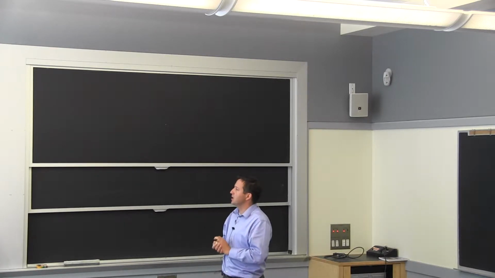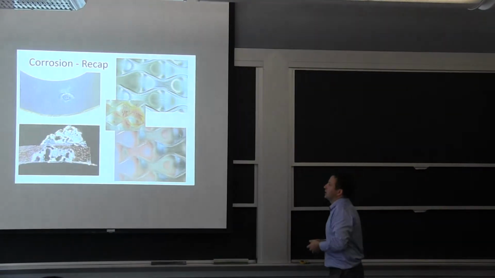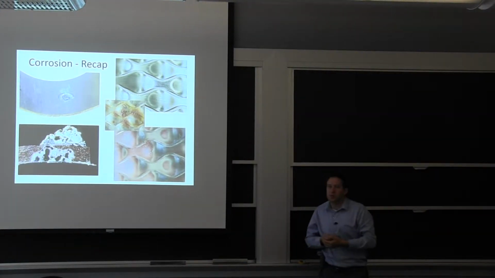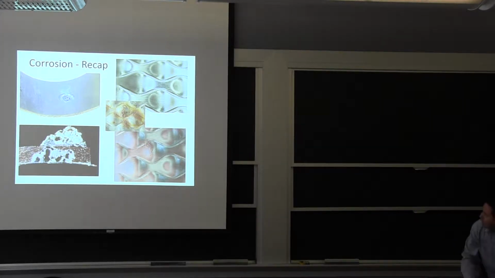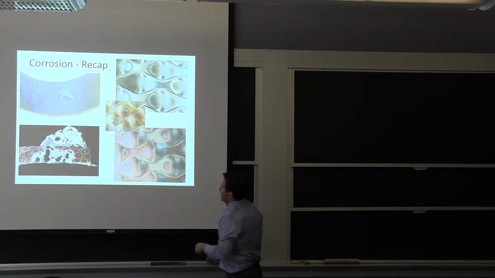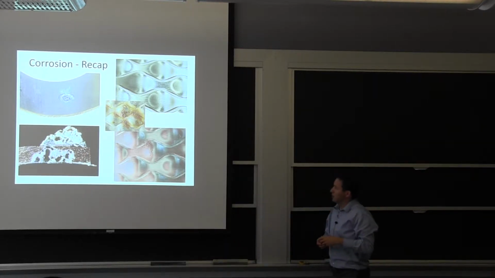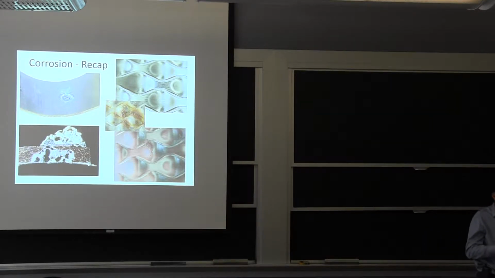I think we went through the details of the copper. So copper is on the left-hand side, where I was essentially saying if you lose the passive layer, and I've improved a little bit the image here so you can see better. There's a circle around the hole, and that's where you had essentially a deposit. So there was this crevice effect where the local conditions were different than the general pipe condition on the inside.